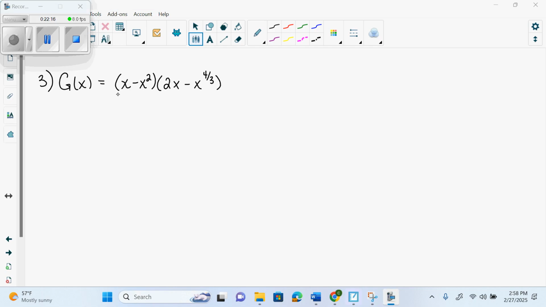So we have f, g, f prime is 1 minus 2x, and g prime is 2 minus 4/3 x to the 1/3. All right. Because remember, you do 4/3 minus 3/3, which is 1/3, right?